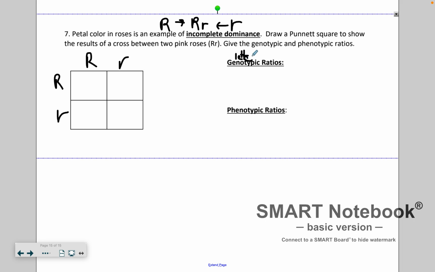Give me the ratio for those letters. And then phenotypic means what do they look like? How many are going to be red? How many are going to be pink? How many are going to be white? And that's how you do the last one. All right, that's all I got.